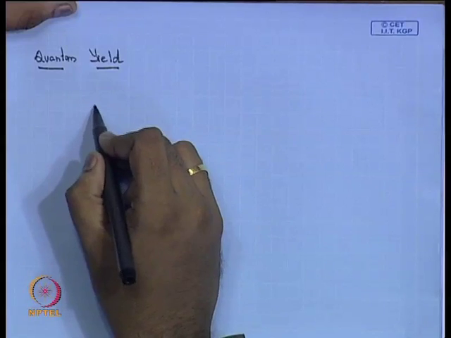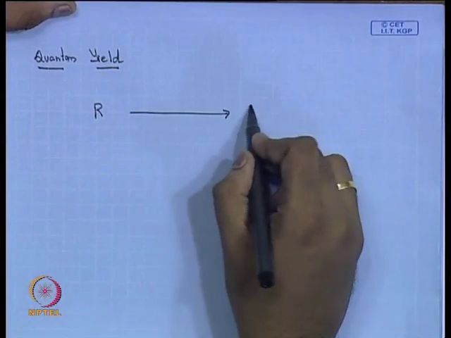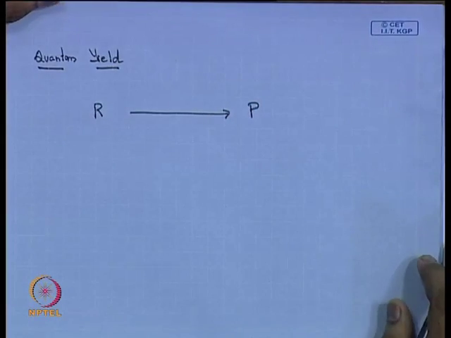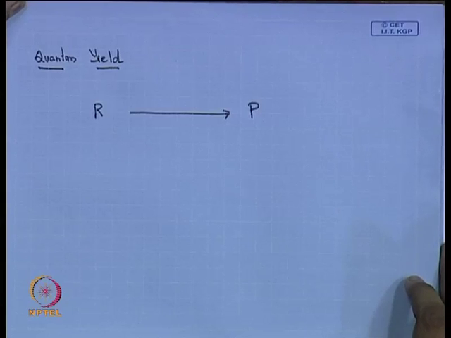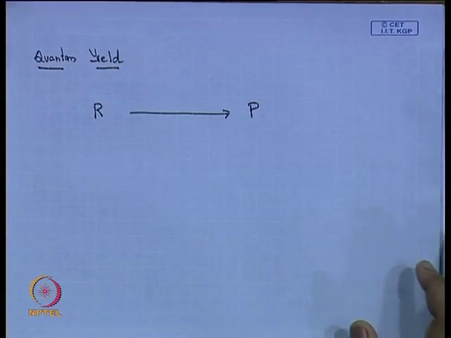So you know what a chemical yield is basically, right? Because most of the time as a chemist you know what a chemical yield is. For example, you have an R, it gives you P. How do you say this reaction is 100%, that all my R is converted to P?